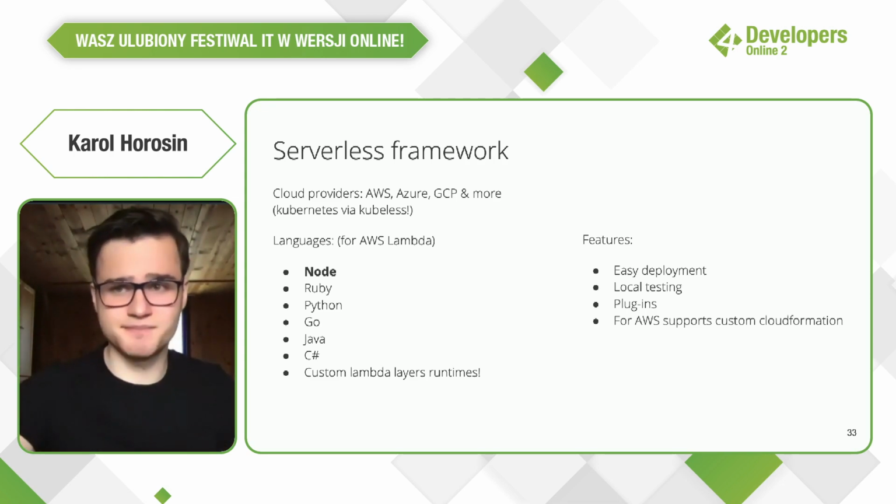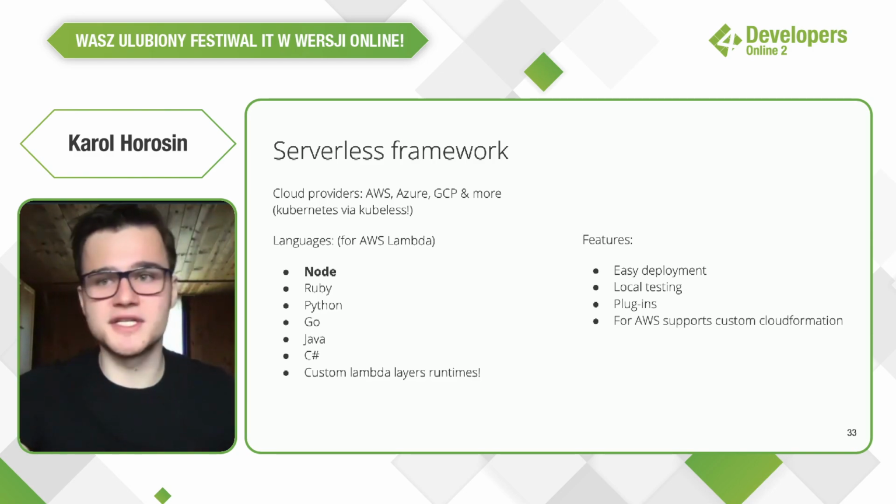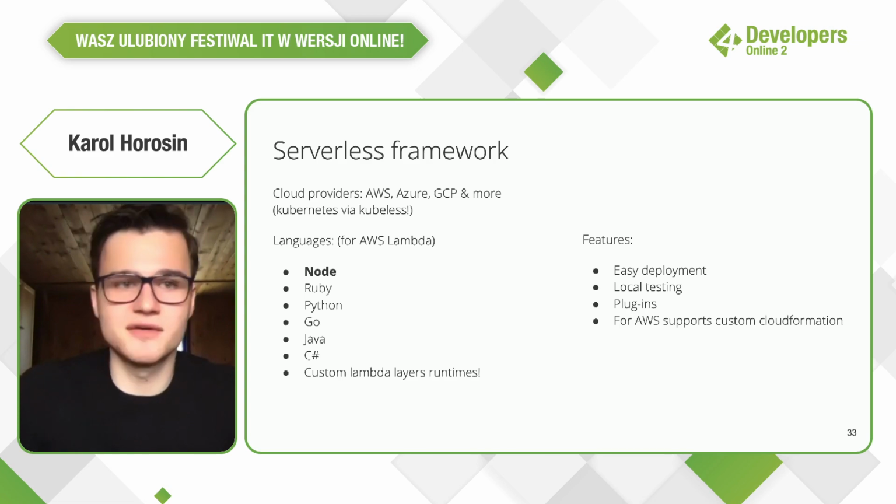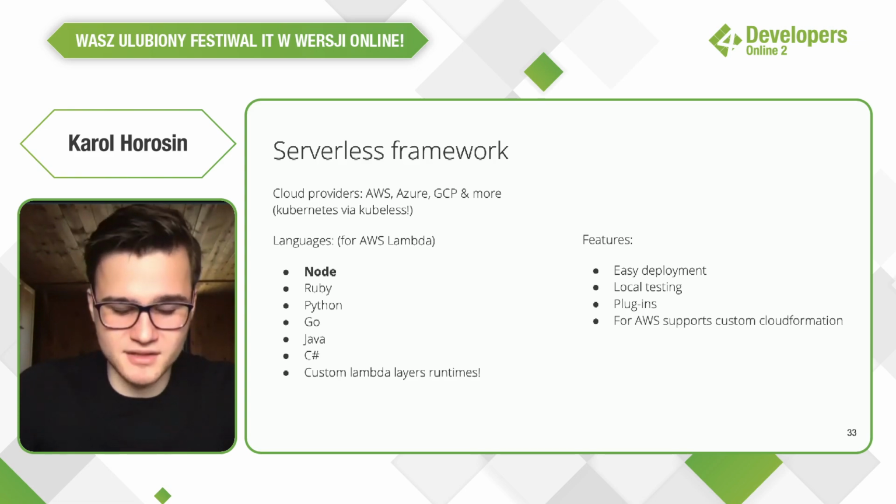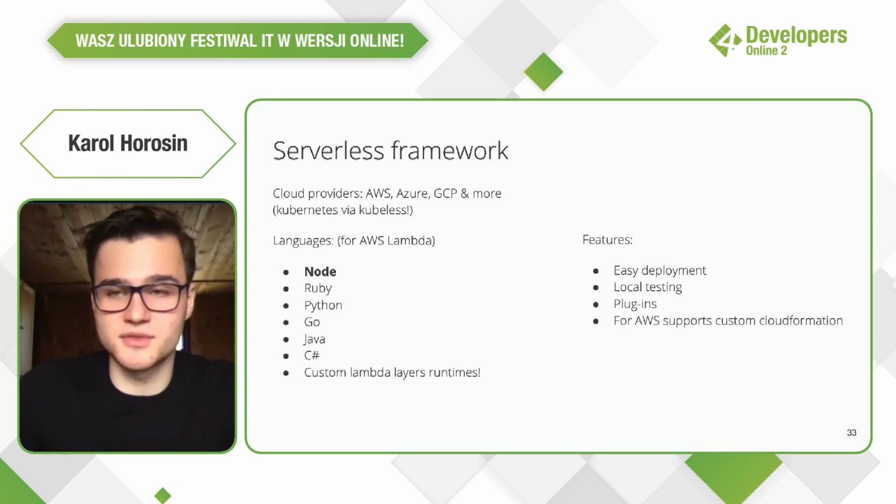As for details, what is supported? If your company or yourself don't like AWS, the knowledge from today is going to be useful as well, because the Serverless framework supports AWS, Azure, GCP, and other cloud providers.